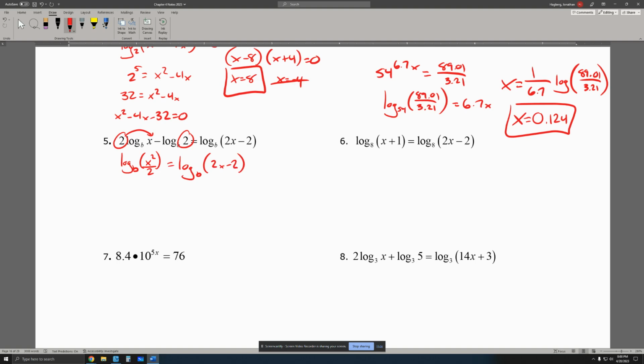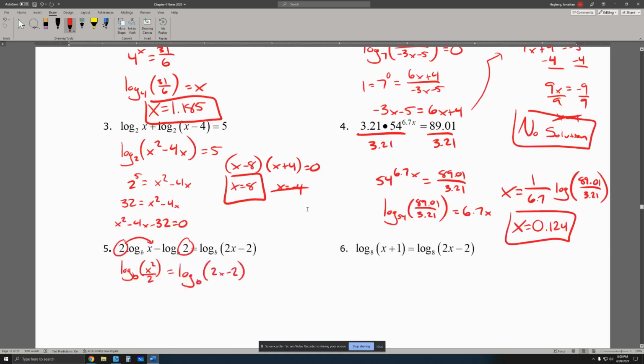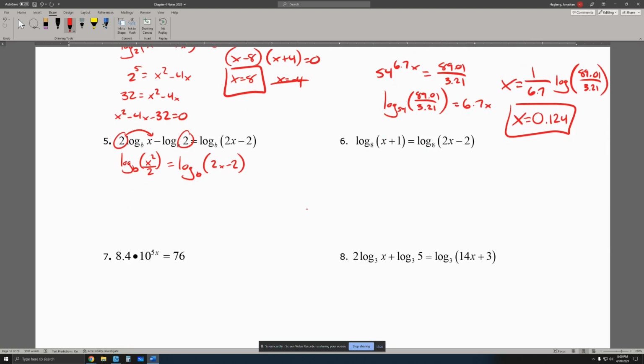So like we saw before in number 2, if we have two logs with the same base equal to one another with nothing attached on the outside, those arguments are equal. So x squared over 2 is equal to 2x minus 2. Multiplying the whole equation by 2, we get x squared is equal to 4x minus 4, or x squared minus 4x plus 4 is equal to 0.